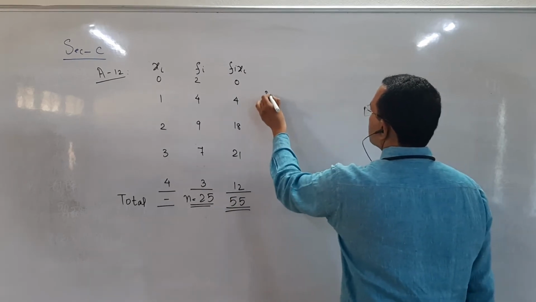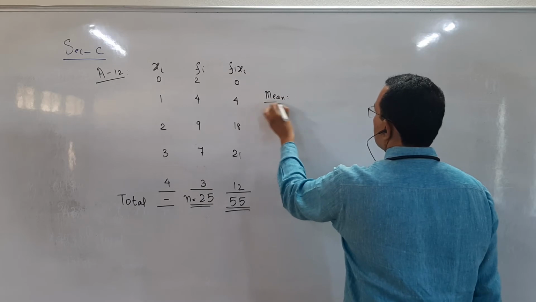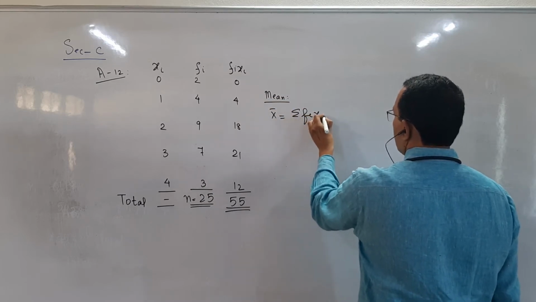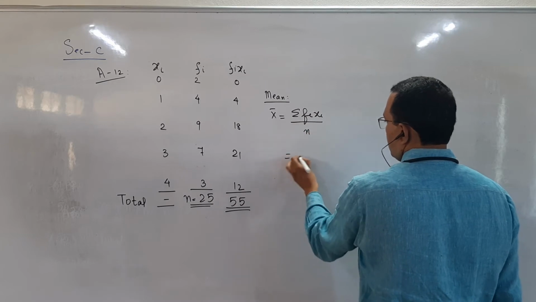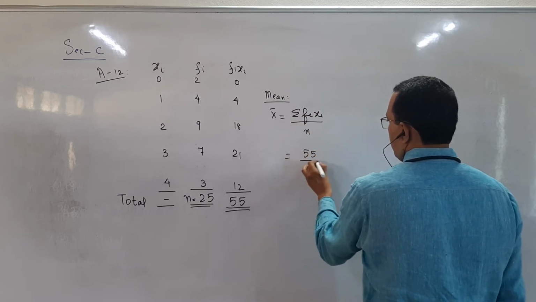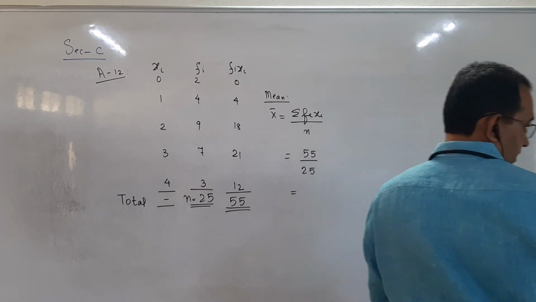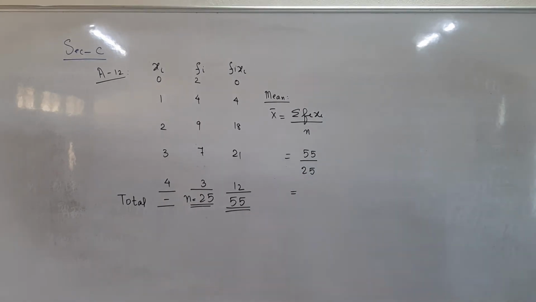So we go by the simple direct method: mean x bar is equal to sigma fixi upon n. So 55 upon 25. Whatever you get, that is your answer, students. This type of sum is very easy, and you can easily do this type of question on your own.